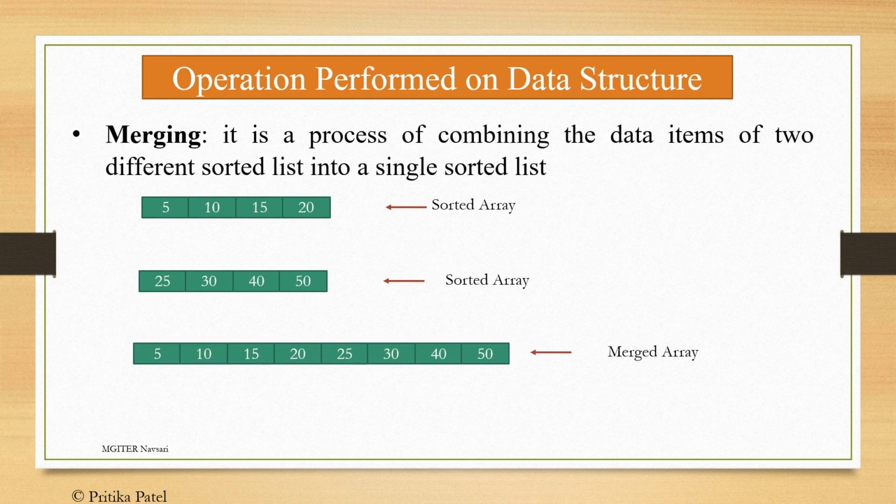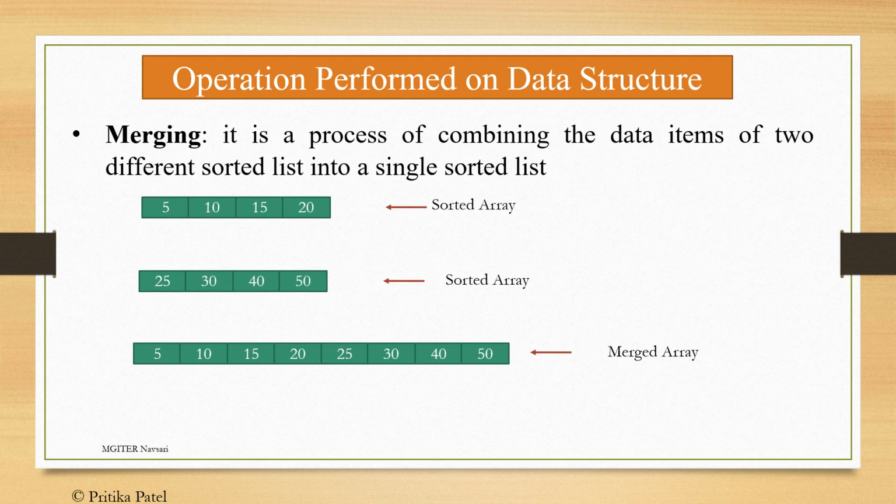Now next is the merging operation. Merging is a process of combining the data items of two different sorted lists into a single sorted list. It means if we have two sorted lists and we have to combine them, then it is possible by using the merging operation.